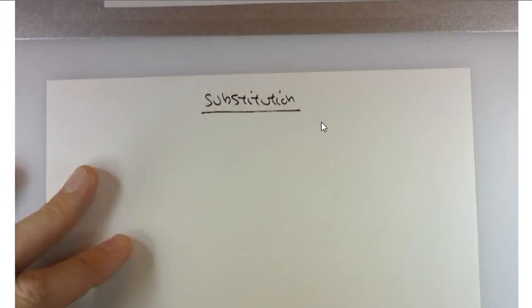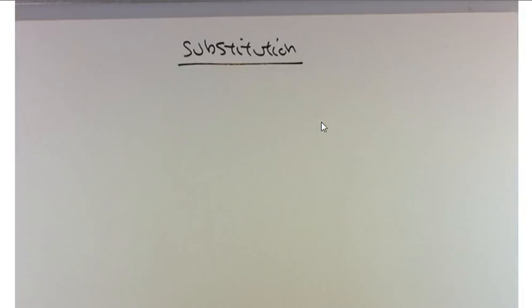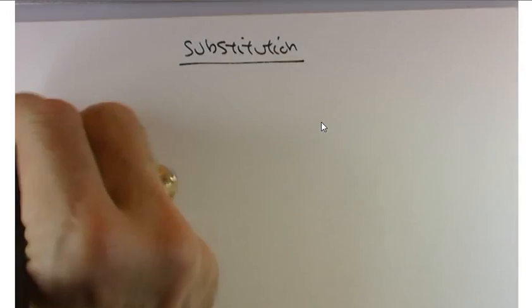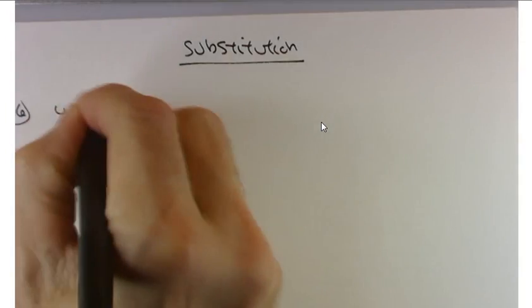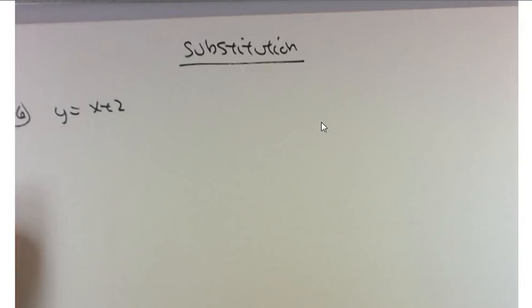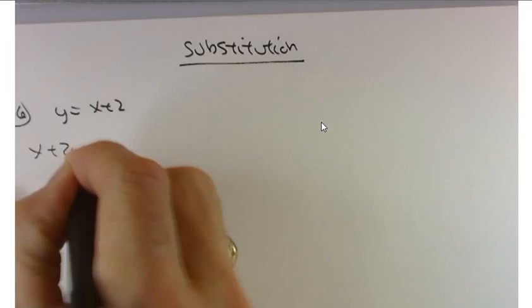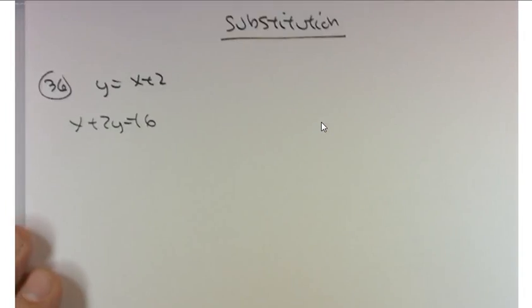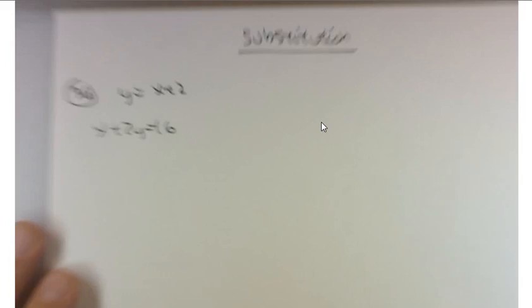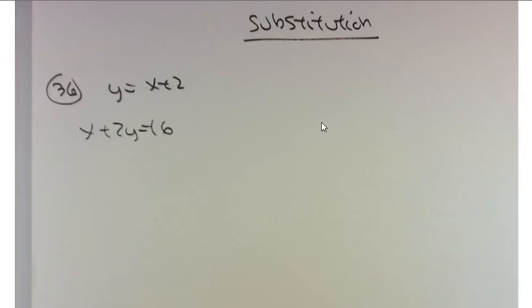And I'm hoping this looks familiar from a previous class. In problem 36, we're given y equals x plus 2 and x plus 2y equals 16. If I'm going to solve this by substitution, it really doesn't get much better than this.